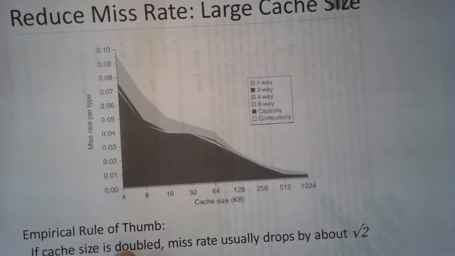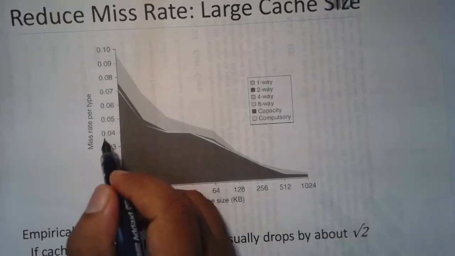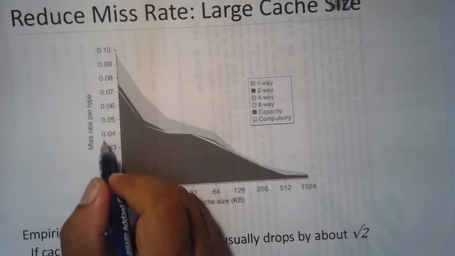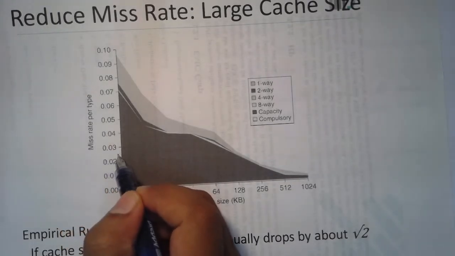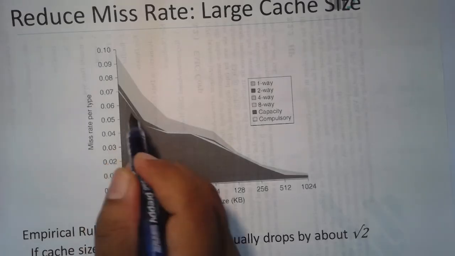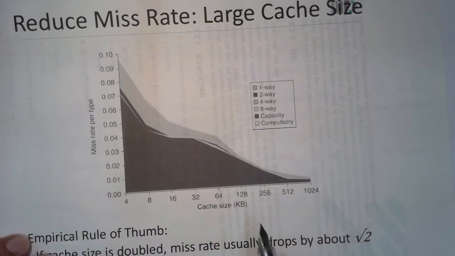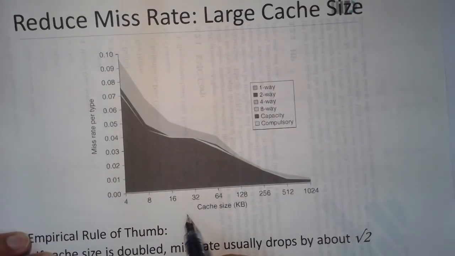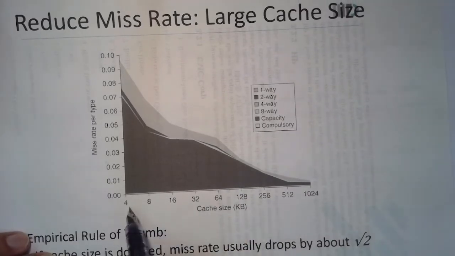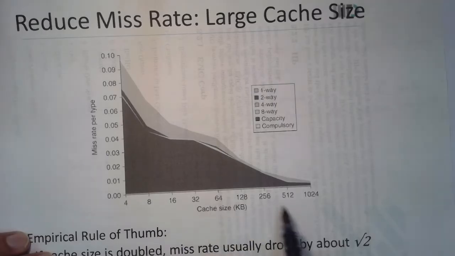So you see that if you plot miss rate per type of request against the cache size, here you have 4K, 8K, 16K and so on.